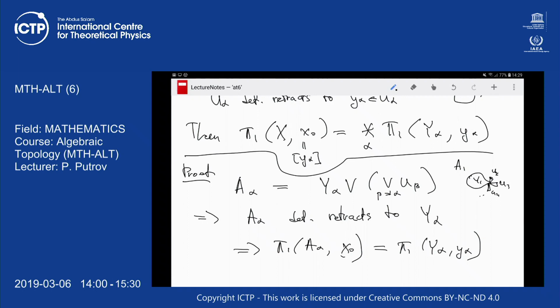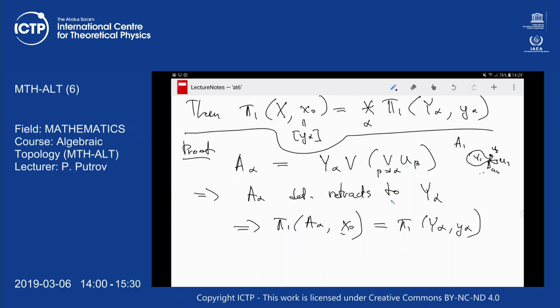Because before we showed that if a topological space deformation retracts to some subspace, their fundamental groups are the same. And of course, the union of all A alphas is the same as X, because all A alpha contain Y alpha, so when we unite them, we get the whole X.